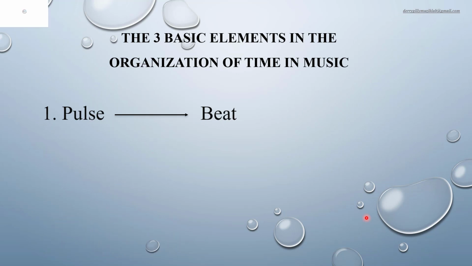We'll also look at the second one, which is the tempo. The tempo, which is the rate, is talking about how relatively fast or slow the speed of the music is, or at which we perceive the pulse in the music.